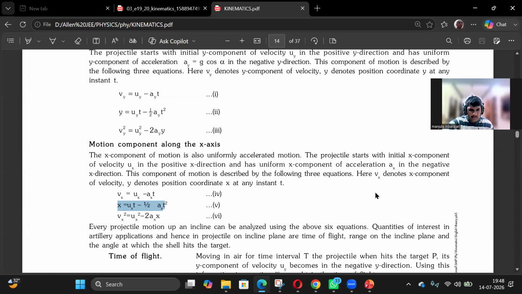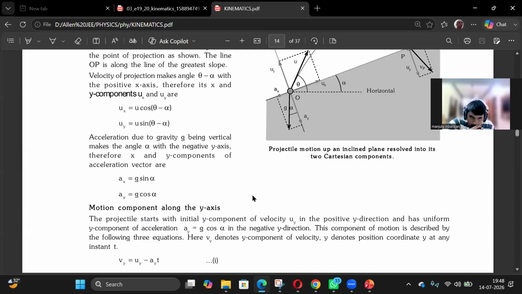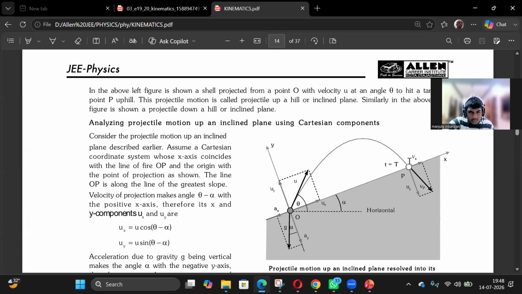Isn't capital T derived from u square by 2gh? No, no. You know the time, right, to go from here, the flight time. Once you know the flight time, I have to use s equal to ut plus half at square, because u is known, t is capital T, acceleration is known, t square is known.